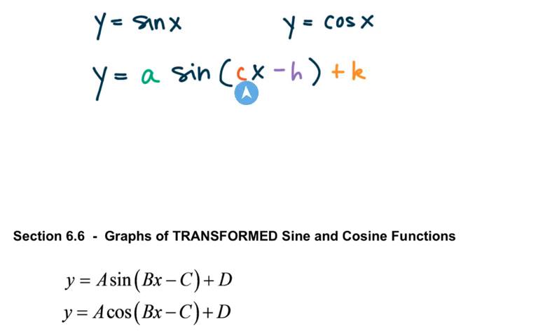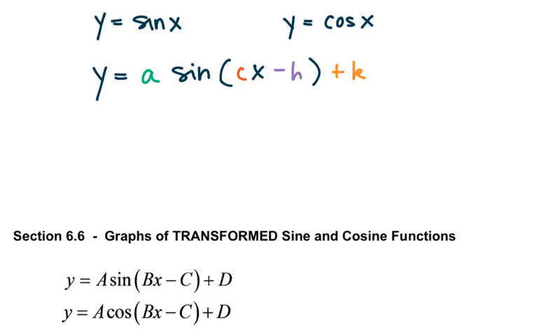For me, I say, when we're talking about the transformations that are attached to the x, those are inside the grouping mechanism. So that means it's a change horizontally or to the x. And then on the outside, this A and K, or here we have an A and a D, those are vertical. And adding or subtracting means a shift, multiplying or dividing means a shrink, stretch, or flip.